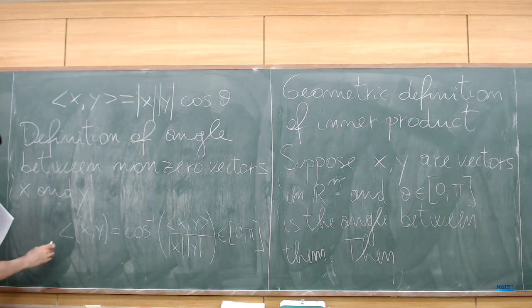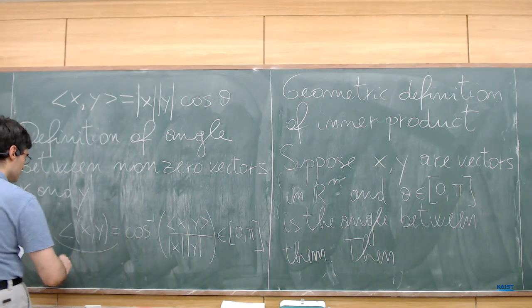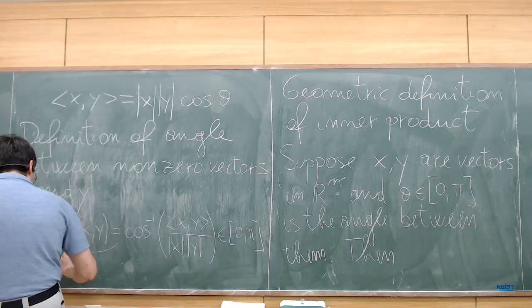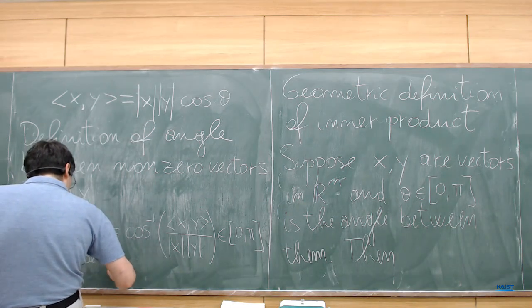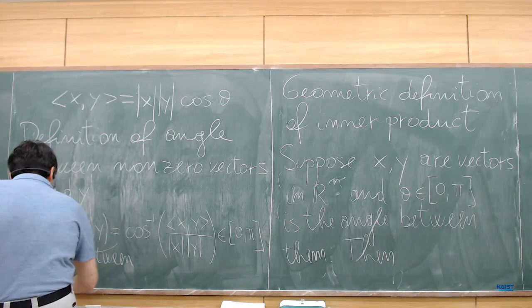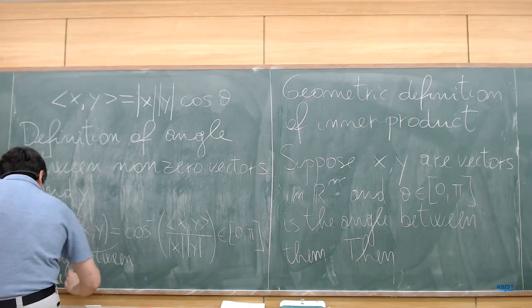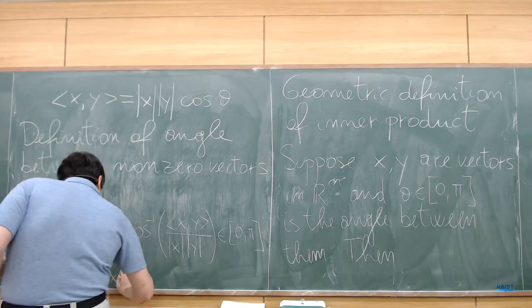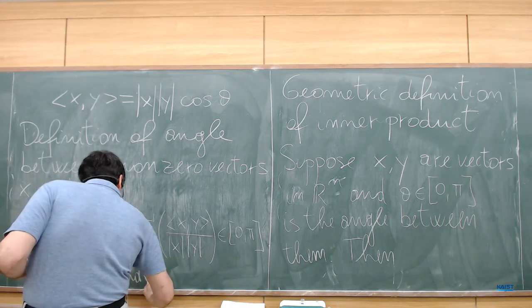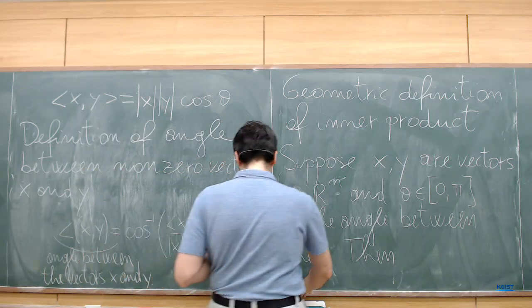This is a symbol that we use for the angle between the vectors x and y.